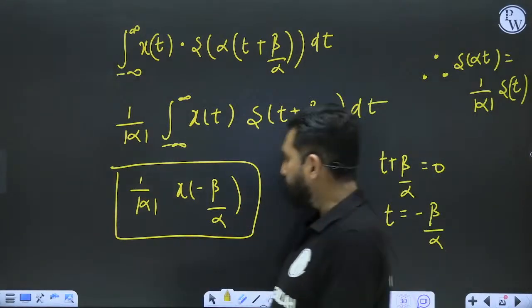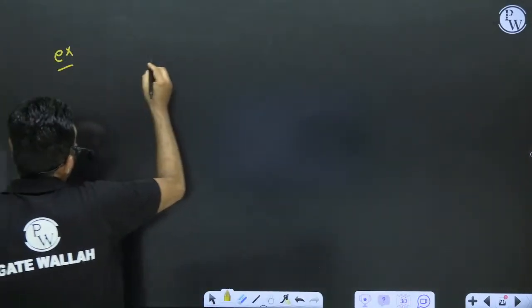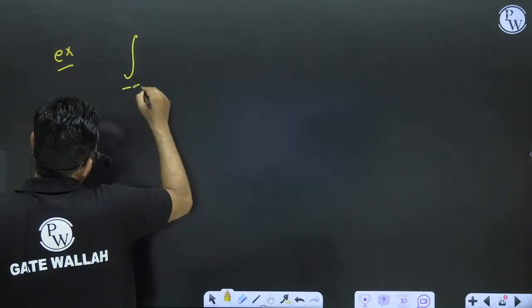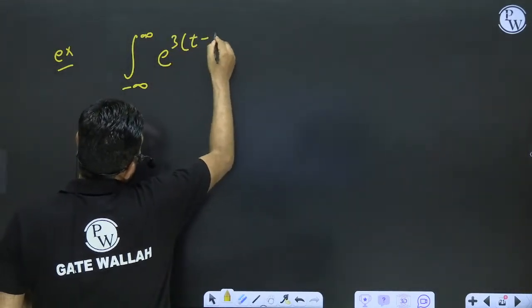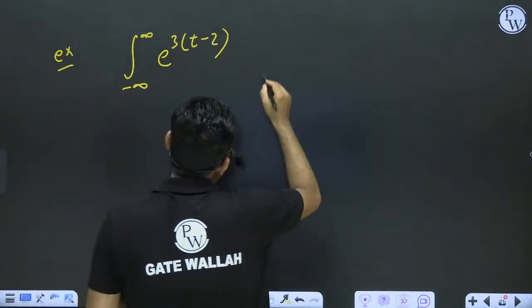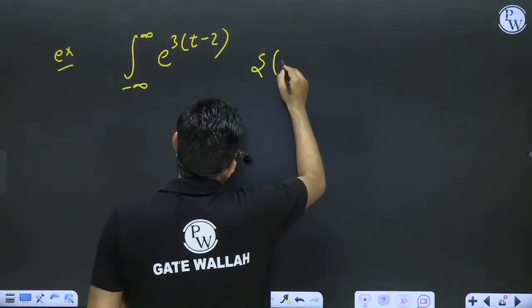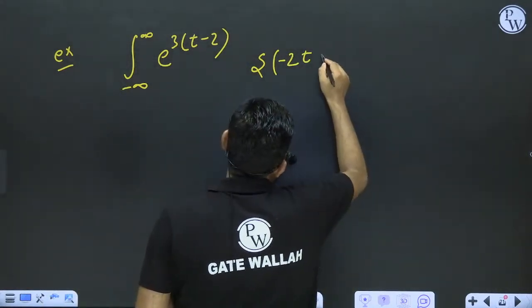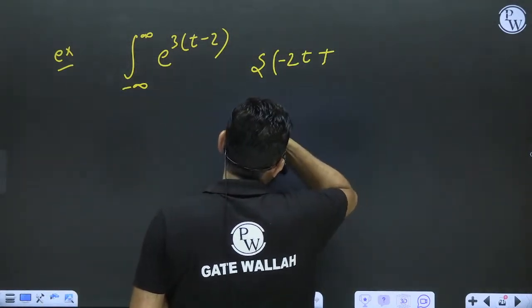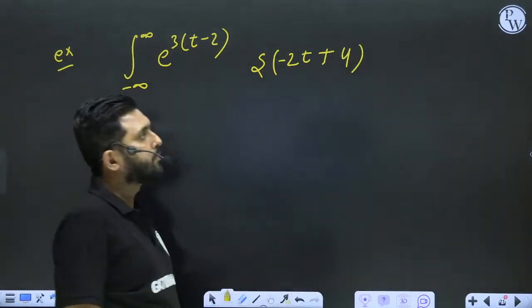Let's take an example. Suppose we have the integral from minus infinity to infinity of e to the power 3t minus 2 times delta of minus 2t plus 4 dt.